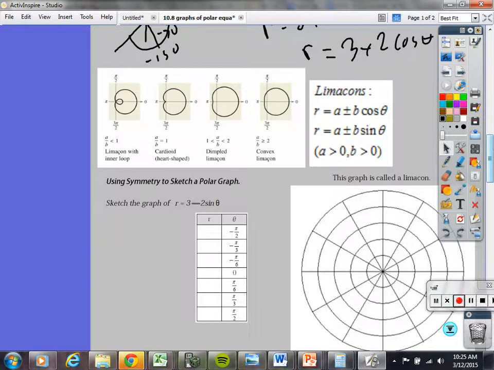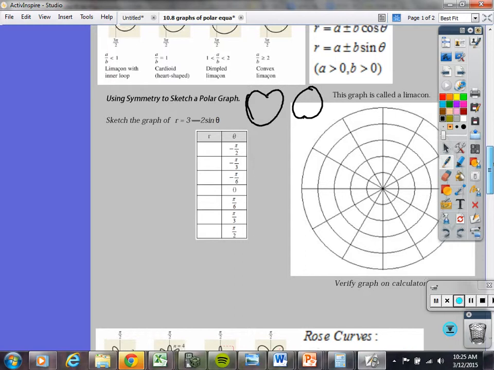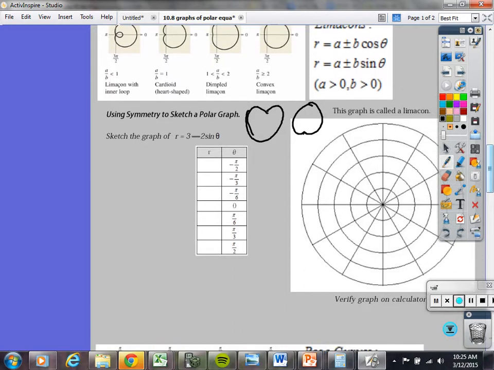What this one would look like is either like this or like that, because it's symmetrical about the line. You get what I'm saying? As long as you kind of know what that shape is, that's what's important, because once again, I'm going to let you calculate. But I'm going to show you how to graph them just in case.